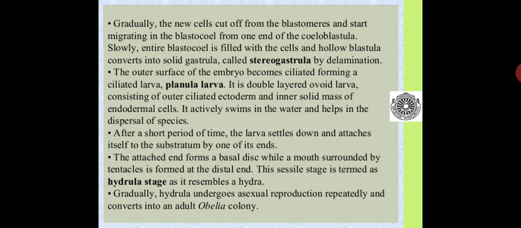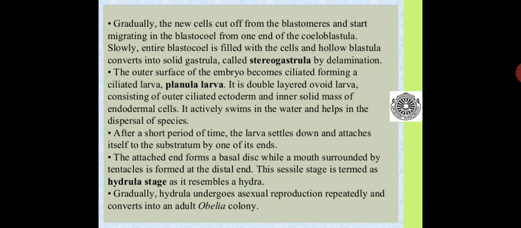Gradually, new cells are cut off from the blastomeres and start migrating into the blastocoel from one end of the coeloblastula. Slowly, the entire blastocoel is filled with cells, and the hollow blastula converts into a solid gastrula called stereogastrula by delamination.